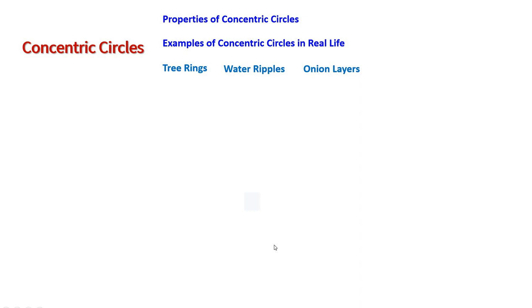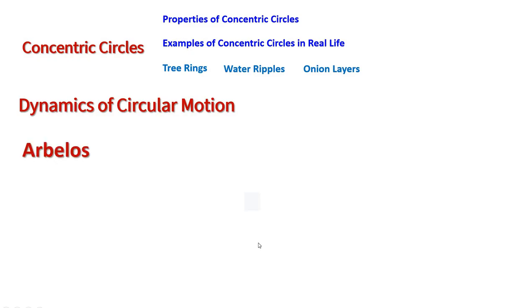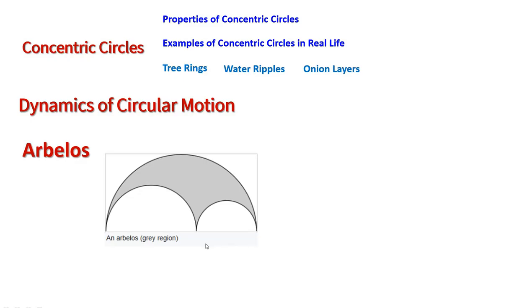Concentric circles, properties of concentric circles, examples of concentric circles in real life: tree rings, water ripples, onion layers, dynamics of circular motion, arbelos. In arbelos, you can give a lot of explanation.